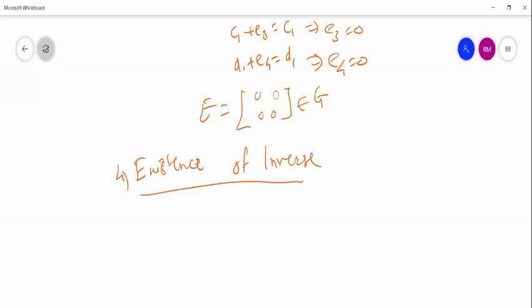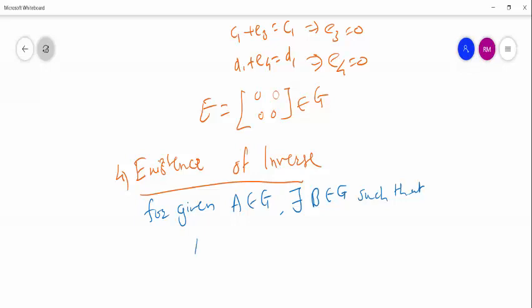What is the existence of inverse property? It means that given any element A in G, there exists an element B in G such that B works as an inverse for A under the binary operation addition.